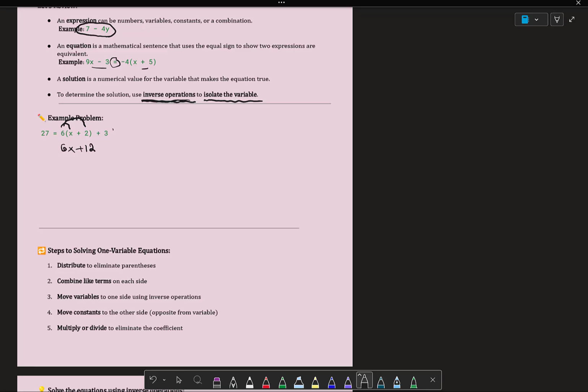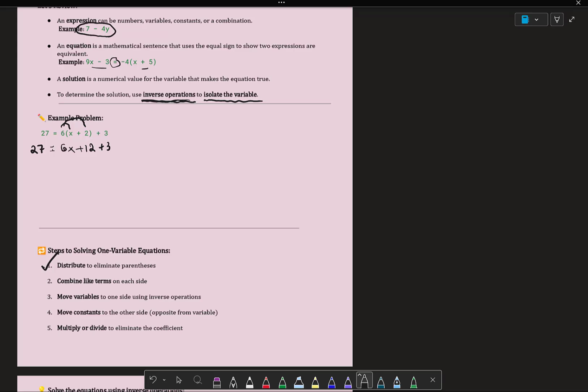Notice we don't distribute the 6 to the 3 because the 3 is not on the inside of the parentheses. So I'm just going to bring down the positive 3. Didn't do anything to the 27 on the left-hand side. So that's step 1. We've eliminated parentheses.